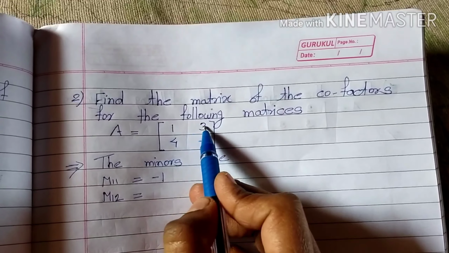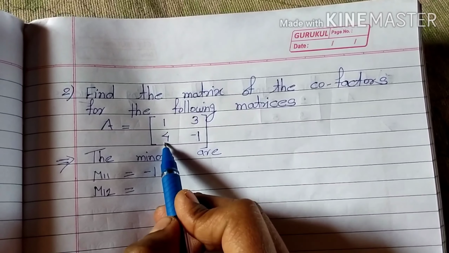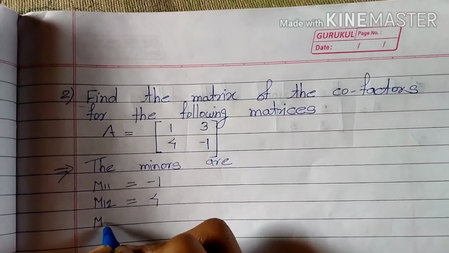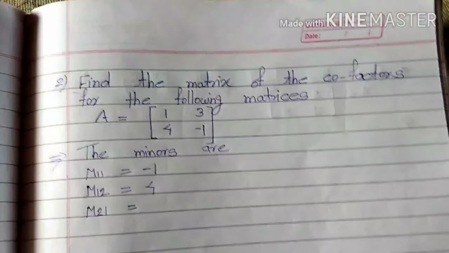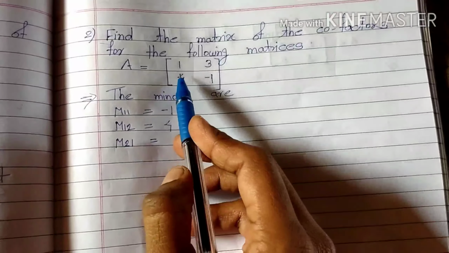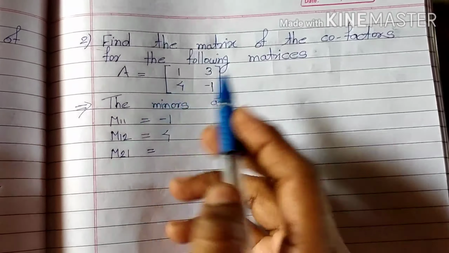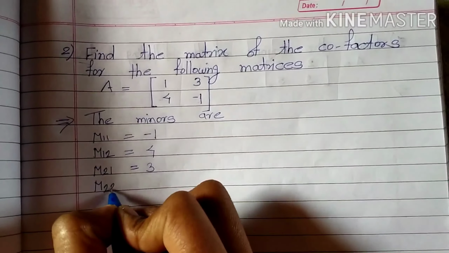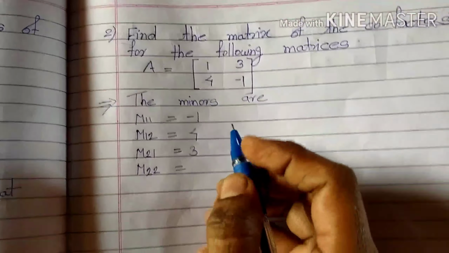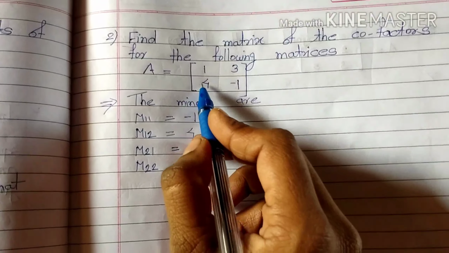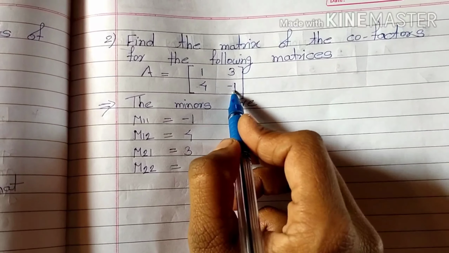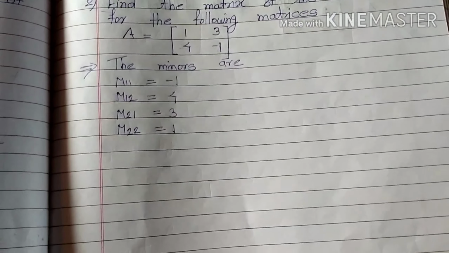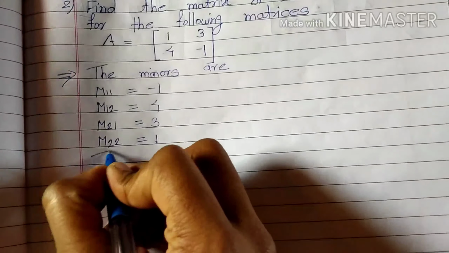Deleting first row and second column, we get answer 4. Next, deleting second row and first column, we get answer. And last, deleting second row and second column, we get answer 1. So these are our minors, and now we have to find cofactors.